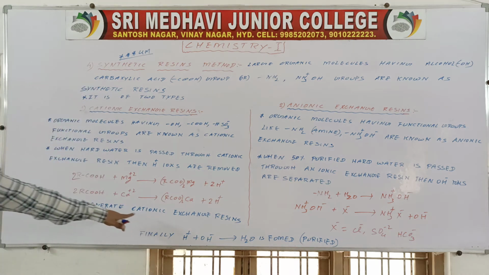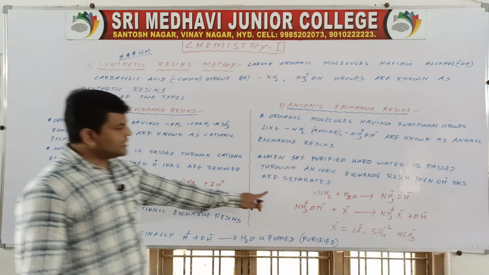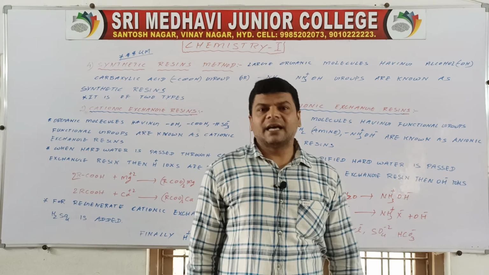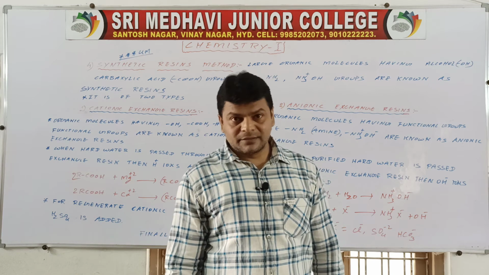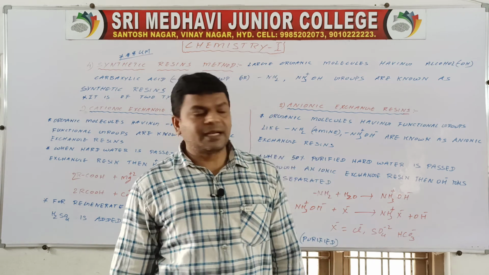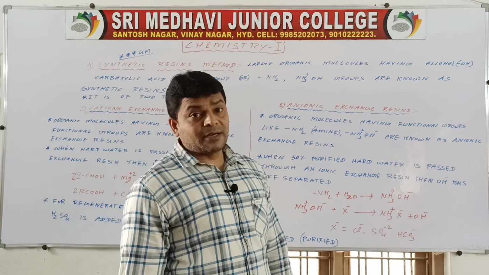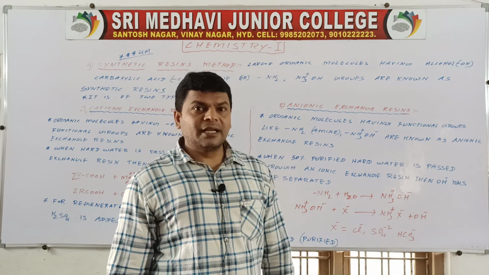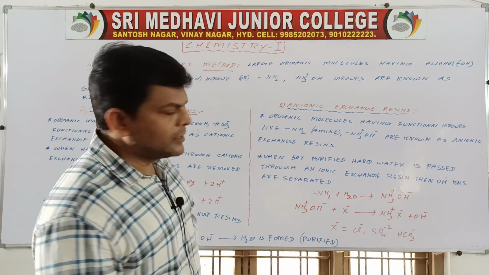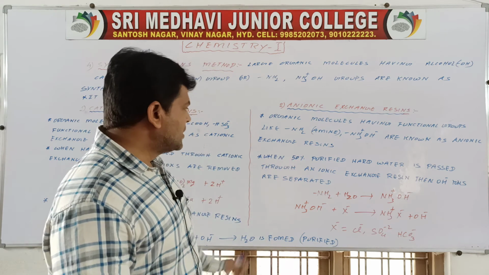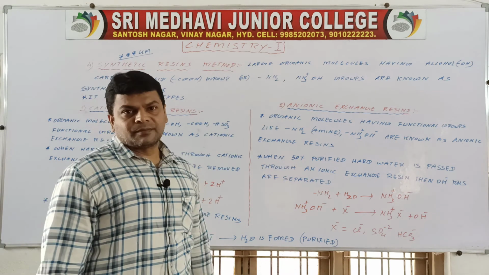Here, to regenerate the cationic exchange resin we have to add H2SO4. Also, to regenerate the anionic exchange resin we have to add sodium hydroxide or sodium chloride. So this is the synthetic resin method.